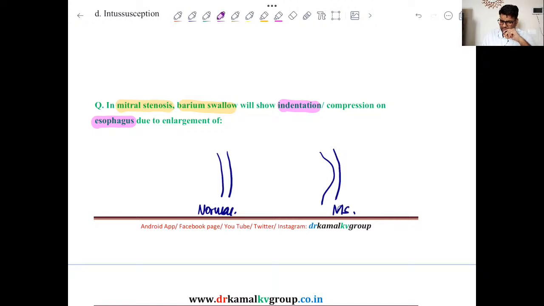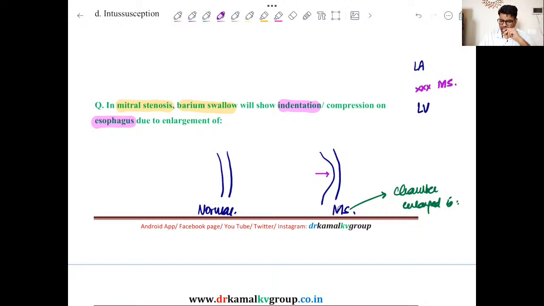There is some backward pushing of the esophageal wall, and this is actually pushed by... whenever we say mitral stenosis, which chamber is enlarged? Say this is the left atrium, this is the left ventricle, so here is all mitral stenosis.